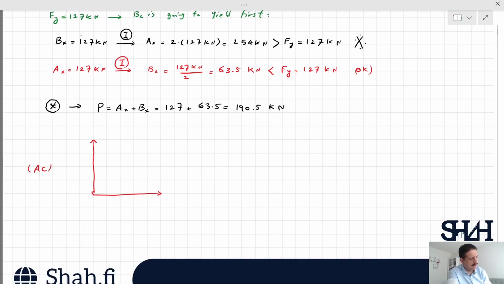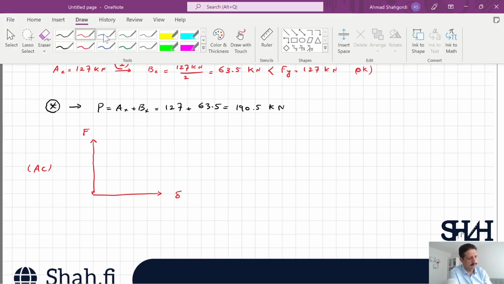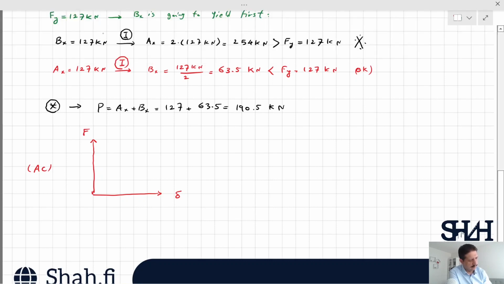Element AC, this is the deformation, and this is the force. So the force in element AC is increased from 0 to 127 kilonewton. This is the load.